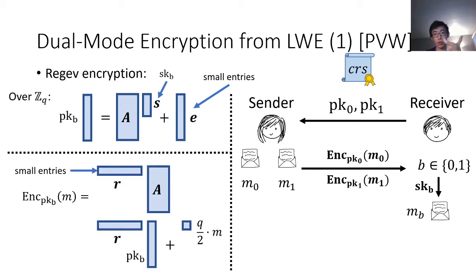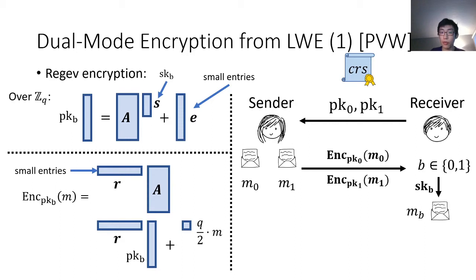We'll pick a small vector R and multiply on the right both A and the public key, and then encode the message. So that's in a nutshell what the Regev encryption is.